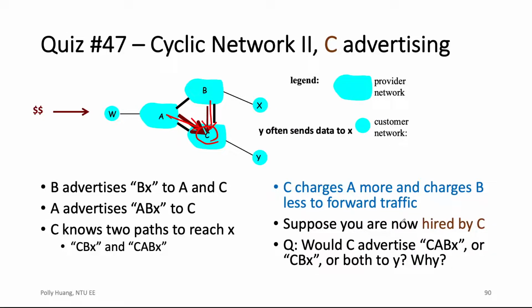Suppose now you're hired by C. Would you advertise CABX or CBX or both to your customer network Y? Think again this time. We have just traffic from Y to X. Would C be advertising BX or ABX, in case you're trying to maximize dollar signs?